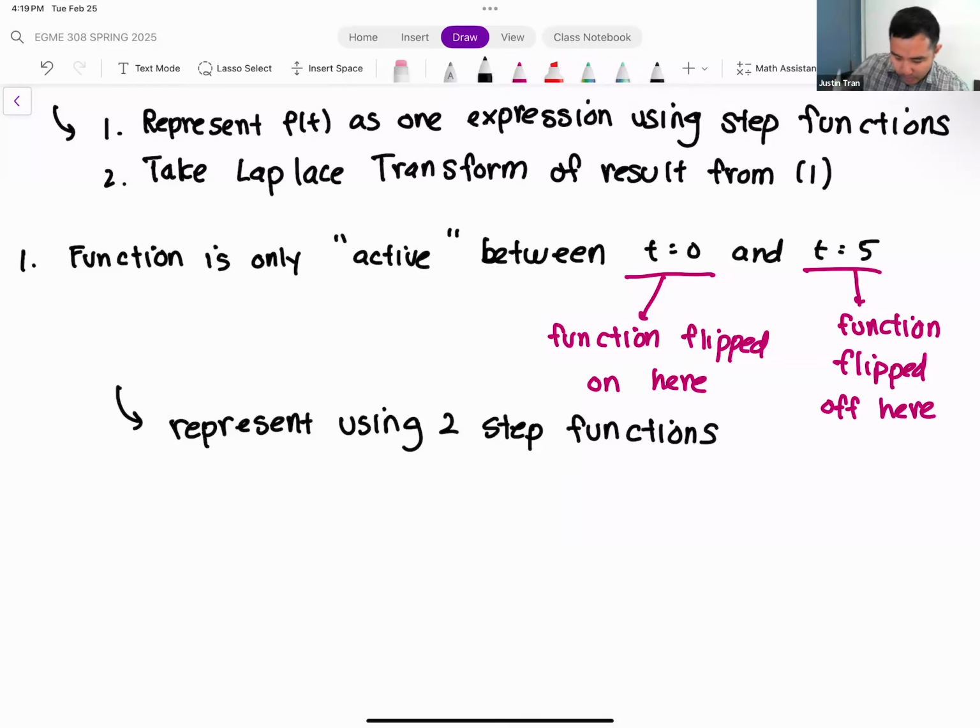So the function is flipped on at t equal to 0, which means we're going to multiply our function by u of t, because u of t is a step function that starts at t equal to 0.